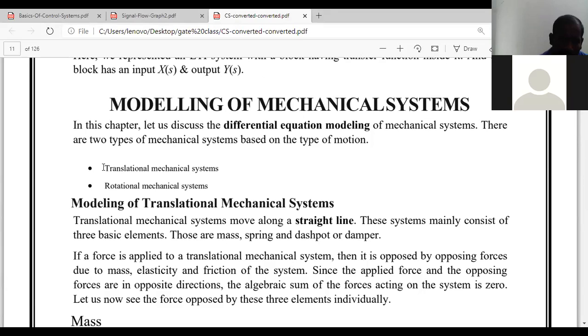In the mechanical translational system, what are the elements? Can you remember?